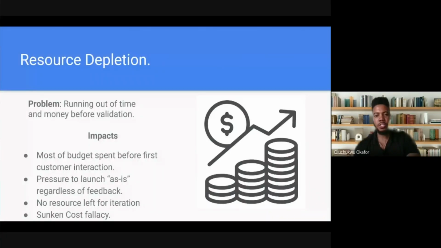So you're more likely to be biased because even if you find out that a feature you produced is not as useful, you might want to just stick to it because you've already spent so much energy on it. Or even worse, you might not have any resources left for iteration. So you might just have to stick to this. And because of the lack of flexibility, it might lead to failure and it might cause you not to be as successful as you'd hope.